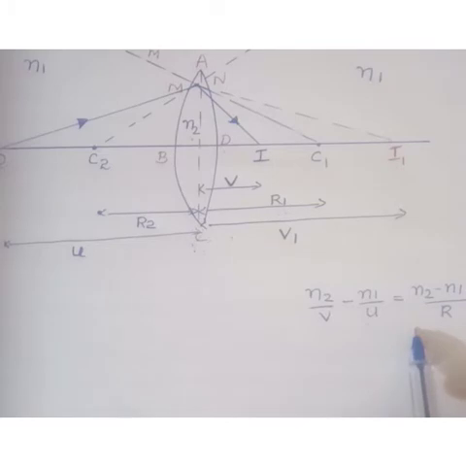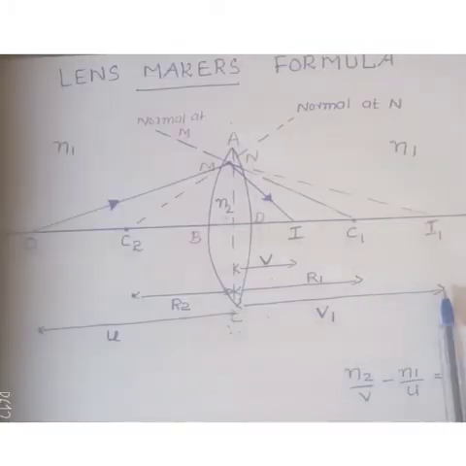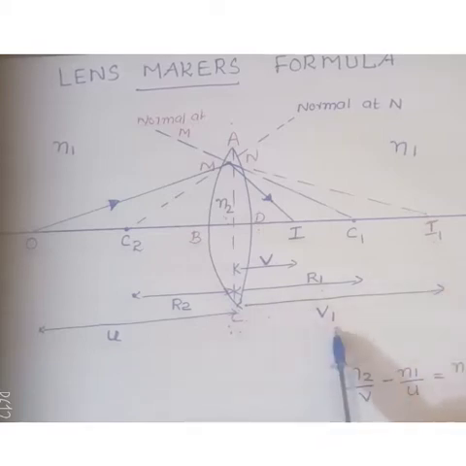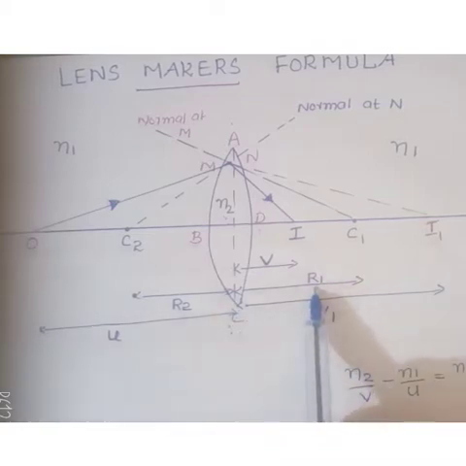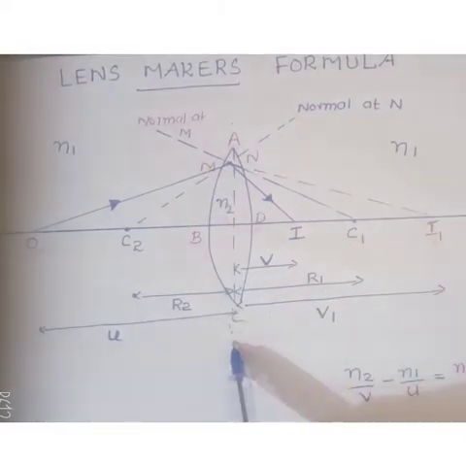Here the image distance is V1 and the object distance is U. Then R1 is the radius of curvature of the surface ABC.